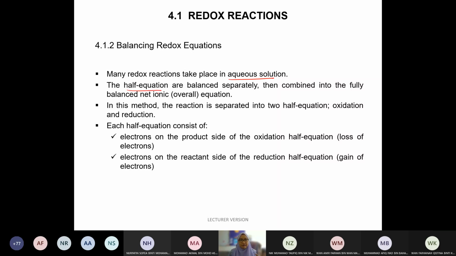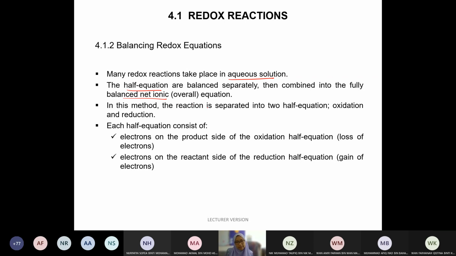Like I said just now, half equation means that we have oxidation and we also have reduction. So we separate them into two so that it will be easier for us to focus on these two equations. Then later on we can simply combine them to get the fully balanced net ionic equation, the overall equation.